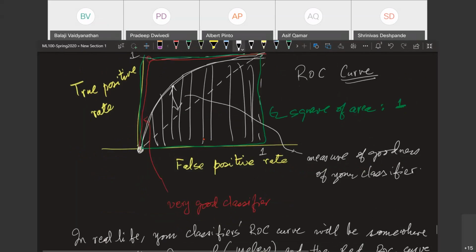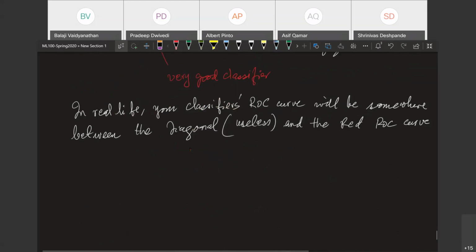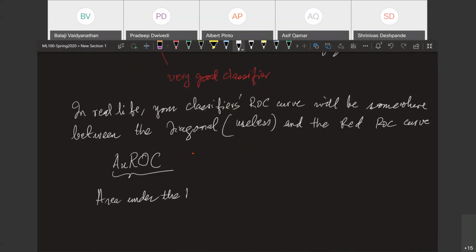A bad classifier is this triangle. Triangle's area is half. So there's a term for this. It is called the AUROC. It's a very important term. You'll find it in the literature. Typically, and let me just emphasize the capitalizations, AUROC stands for area under the ROC.